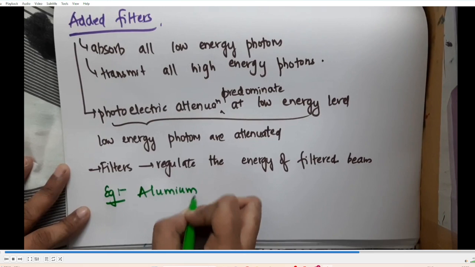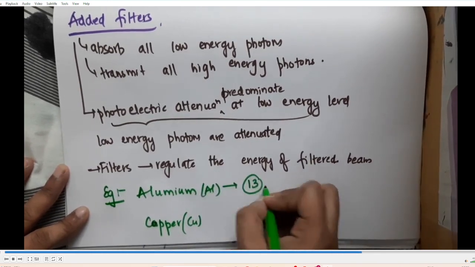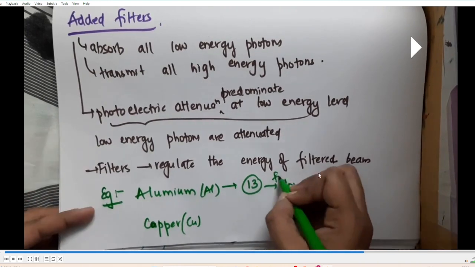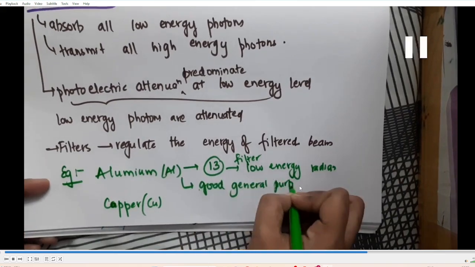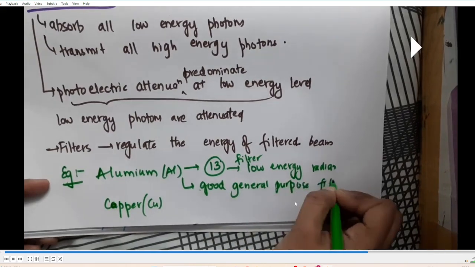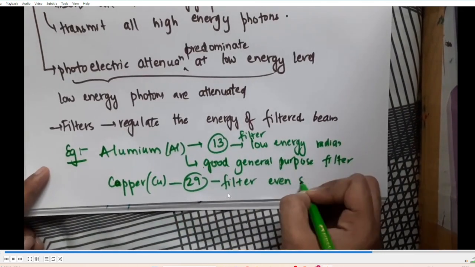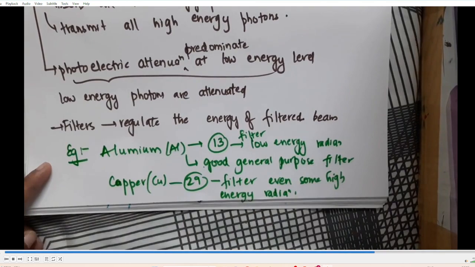So filters regulate the energy of the filtered beam. Generally in diagnostic radiology, aluminium and copper are the materials usually selected as filters. Aluminium has an atomic number of 13 and it is an excellent filter for low energy radiation, and a good general purpose filter. Whereas copper has an atomic number of 29, and it filters some high energy radiation also.